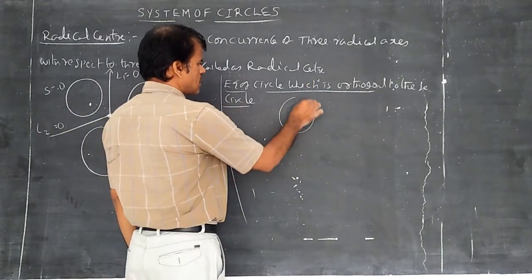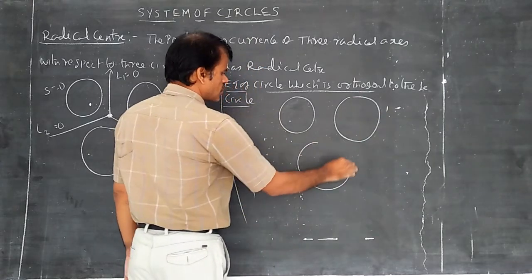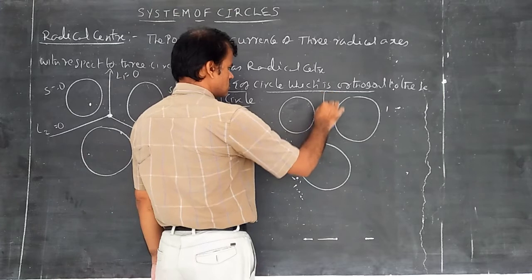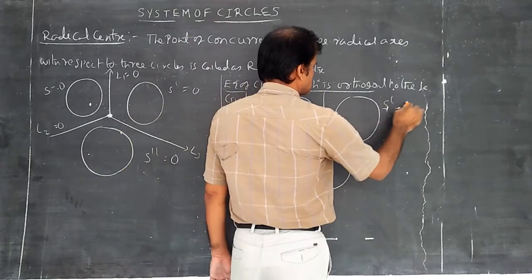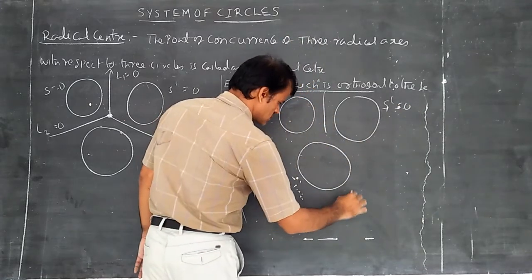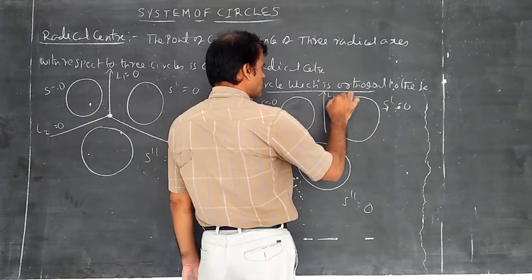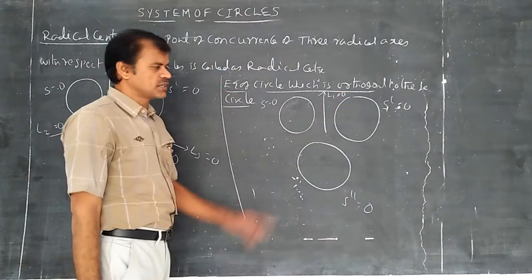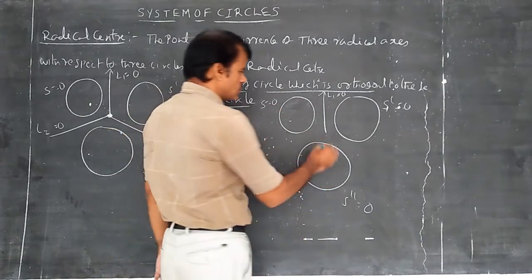So to calculate the equation of the circle orthogonal to the given three circles, let this be S equal to 0, this S dash equal to 0, and this S double dash equal to 0. To calculate, L1 equal to 0 is the radical axis using S equal to 0 and S dash equal to 0, I mean S minus S dash equal to 0.